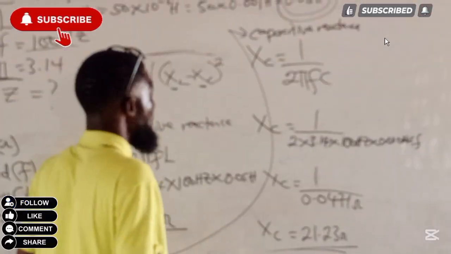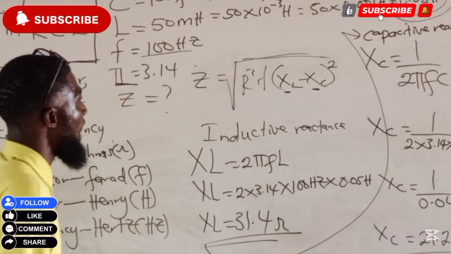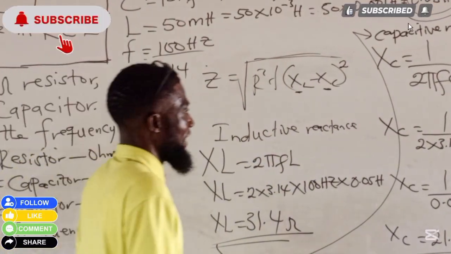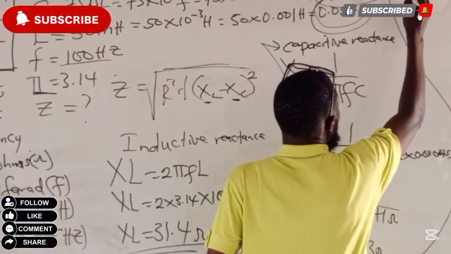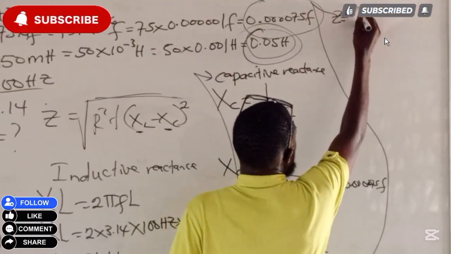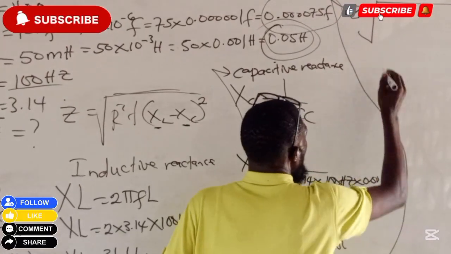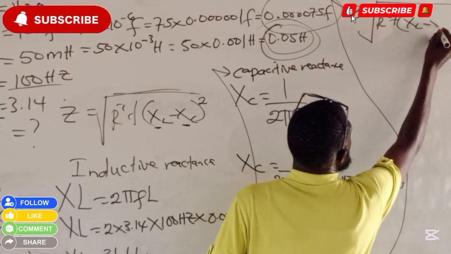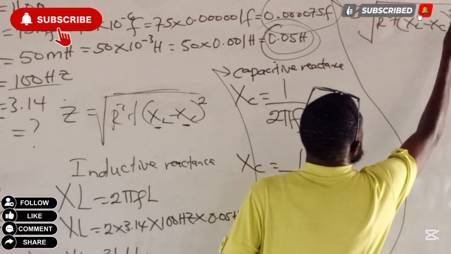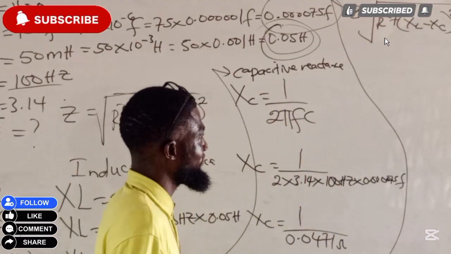Remember, we have our formula for our impedance, and our formula says the impedance will be equal to the square root of R squared plus (XL minus XC) all raised to the power 2.